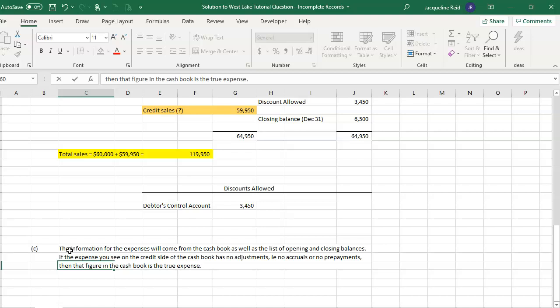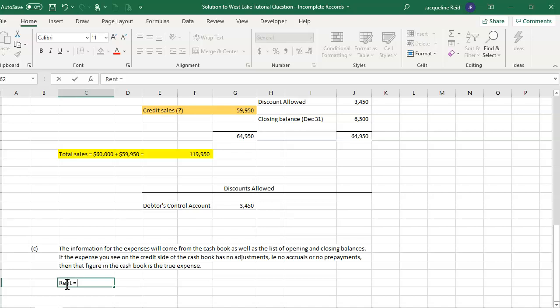Now, when you look at the cash book, of all the expenses that are listed there, there's only one that falls in this category, and it is the rent.